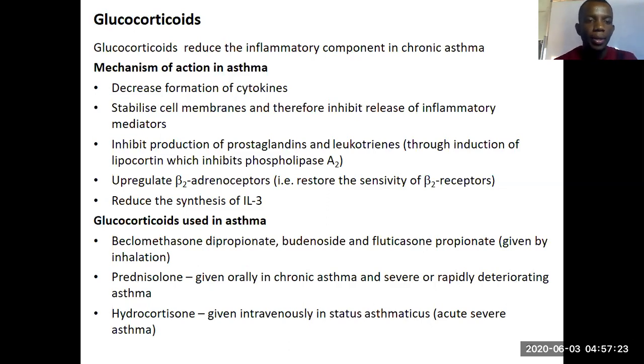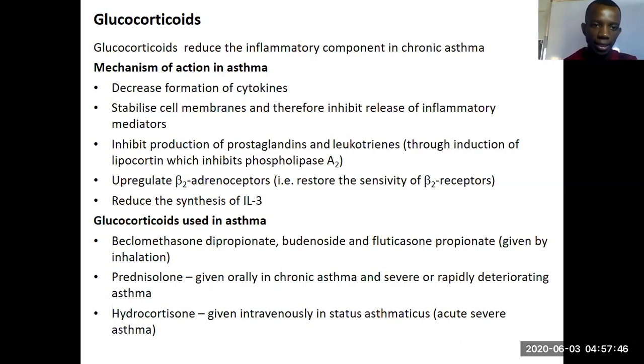The next class of drug used in the management of asthma are the glucocorticoids. Glucocorticoids reduce the inflammatory component of chronic asthma, so this one is targeting the inflammatory component. The mechanism of action is that it decreases the formation of cytokines.